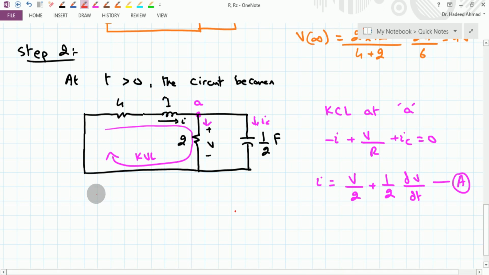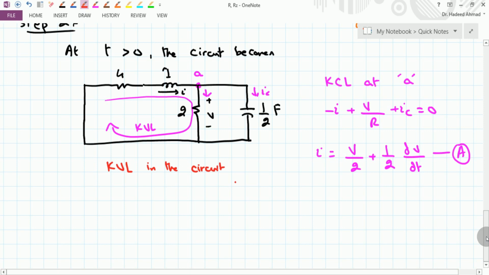Now if I apply the KVL in the circuit, then I do know that I have current flowing into this terminal, so this is equal to 4I plus the voltage across the inductor, L di over dt, plus this voltage V, that is equal to 0.